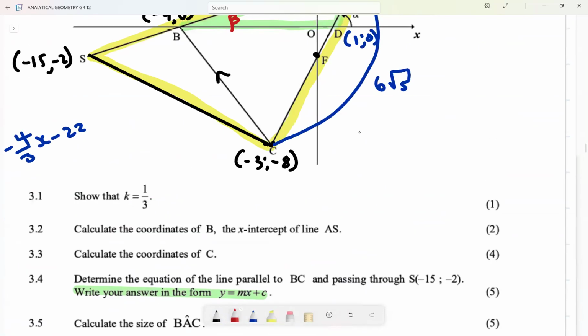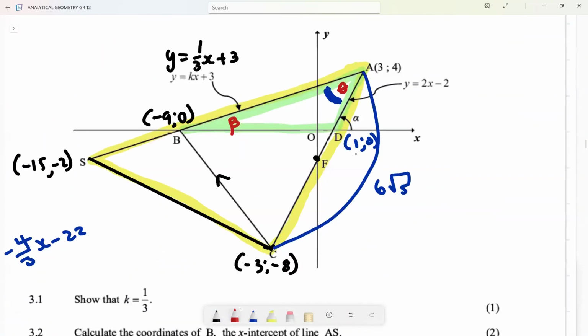The bigger triangle ASC, the yellow one, you're going to use AS and AC.